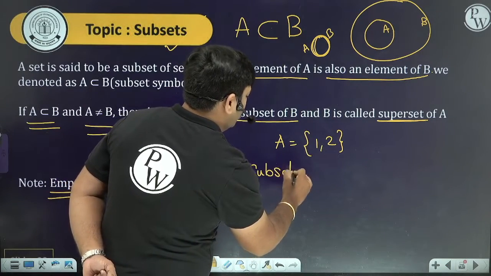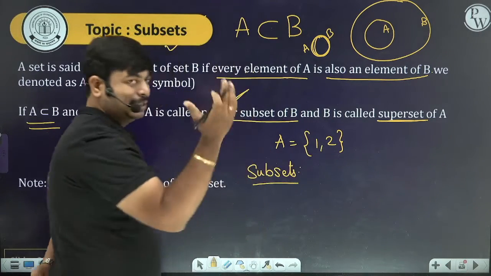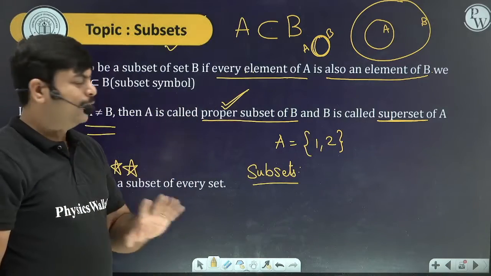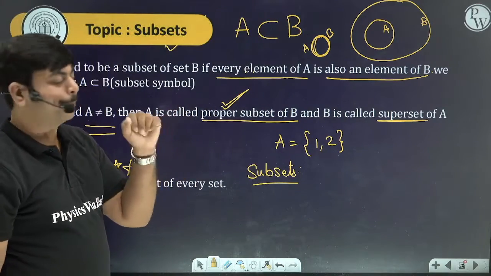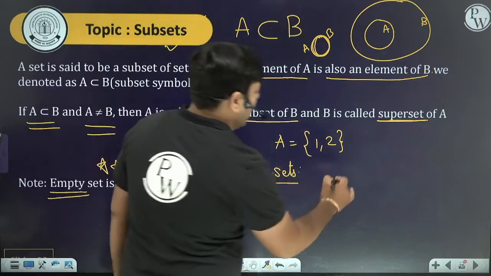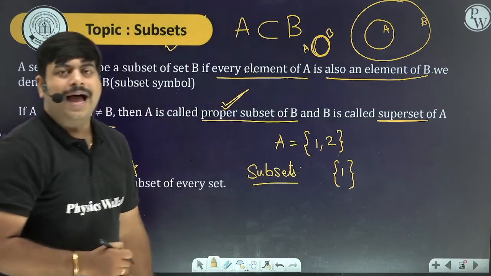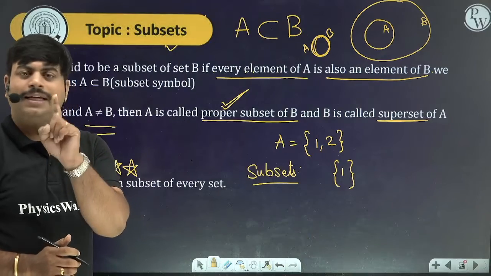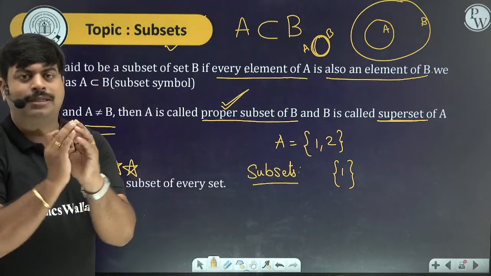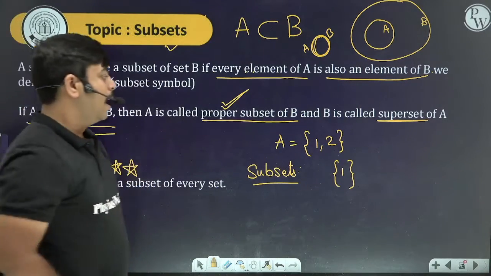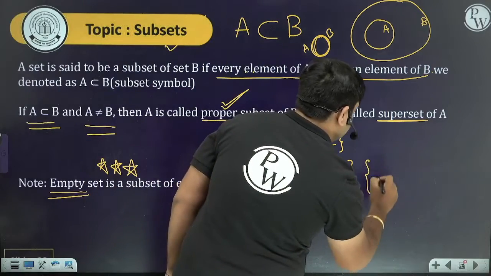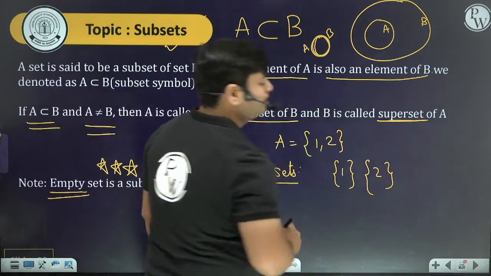People, we will look into this concept again at a later stage, but don't worry, let's take a small example here. When I talk about subsets, I can just mention the number 1. That is one set, which is a small set out of that big {1, 2}. Same way, I can also write the set {2}.